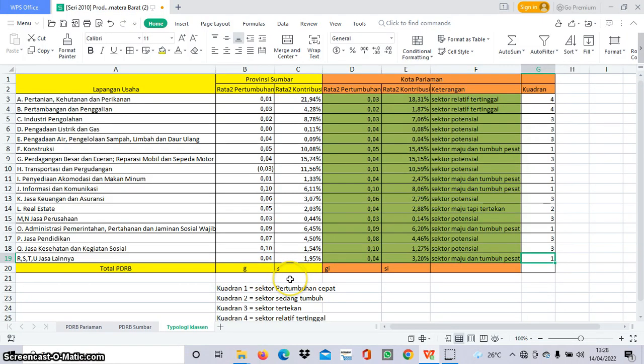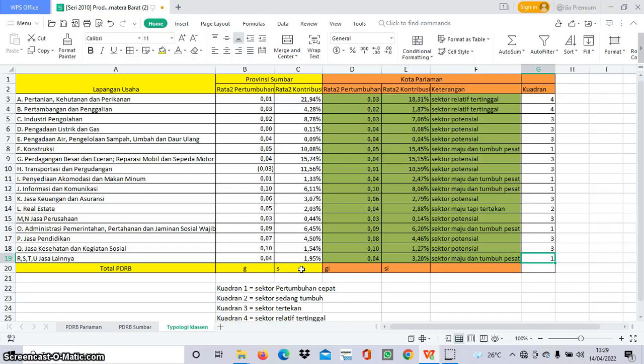This classification is usually denoted by gi greater than g and si greater than s. Sector in quadrant 1 can also be interpreted as a potential sector because it has a performance rate of economic growth and a larger share than the reference area or national.